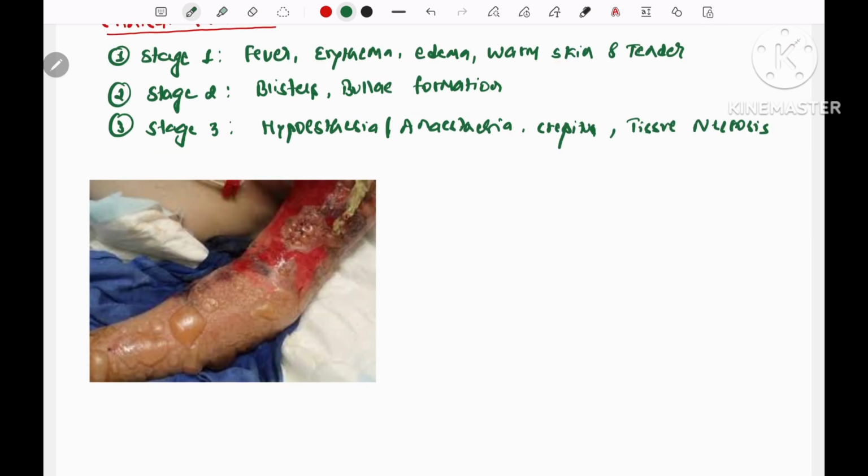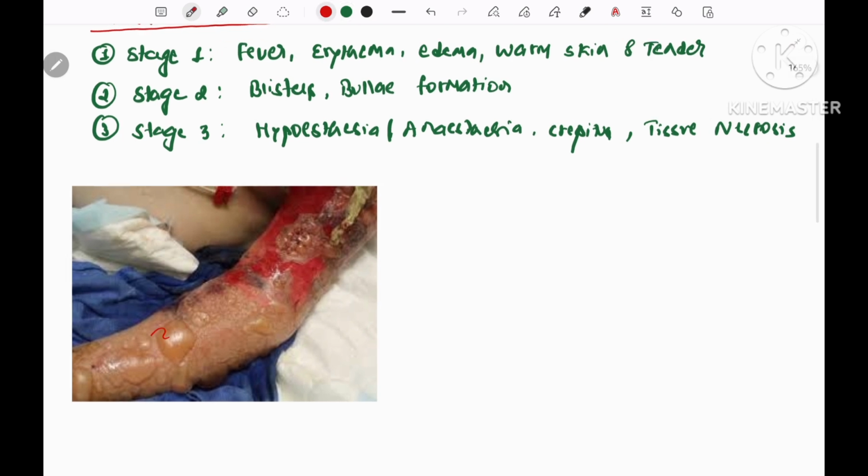In this picture, we can see the formation of blisters, and these are the bulla. There is formation of bulla. Blisters and bulla formations. And look, there is deformation of the skin, and by testing we can find hypoesthesia or anesthesia.